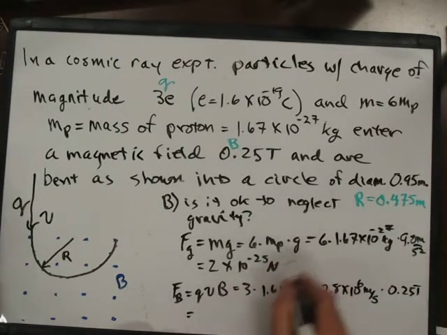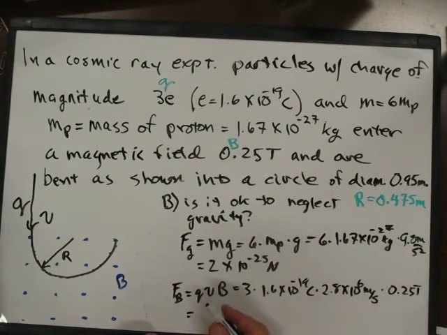Since both of these use all SI units, I can just multiply through and I get about 3.4 times 10 to the minus 13 newtons.